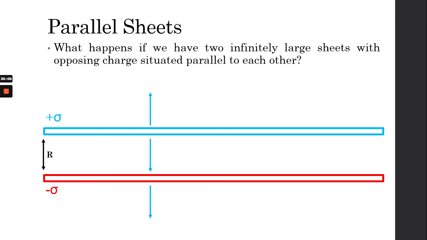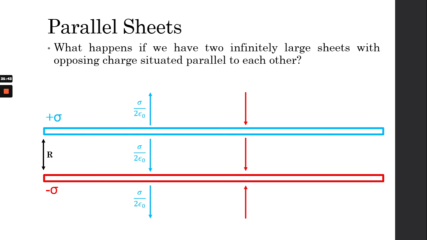If you look at the positive charge, we know that the electric field, since this is positive, will be radially outward, and the electric field is equal to sigma divided by 2 epsilon naught. The electric field at this portion is equal to the electric field in this portion, and if it passes the negative charge, that is still equal to sigma divided by 2 epsilon naught.